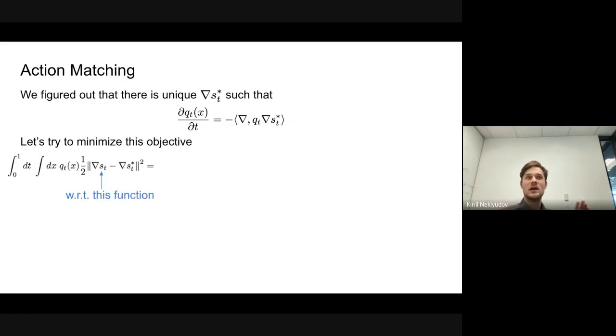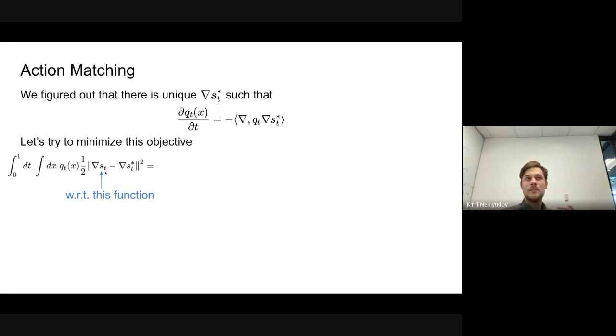So we parameterize some function S_t with a neural network, or, yeah, let's stop at the neural networks. So we parameterize some function S_t, and we would like to minimize this L2 distance. So it's an expected L2 norm with respect to the current distribution Q_t.